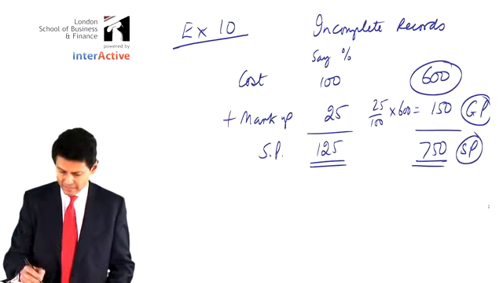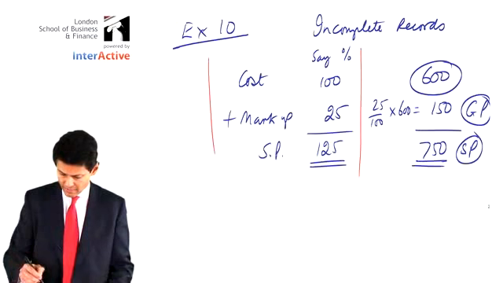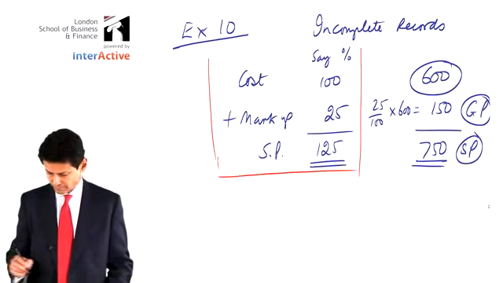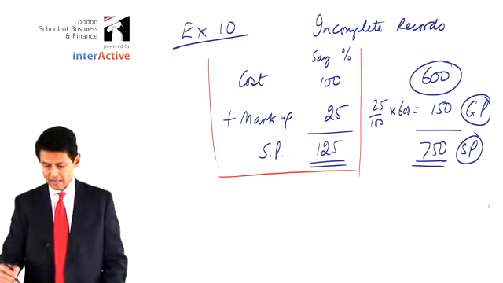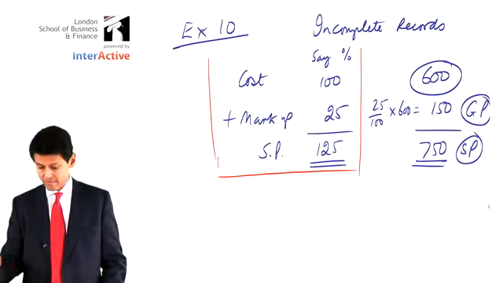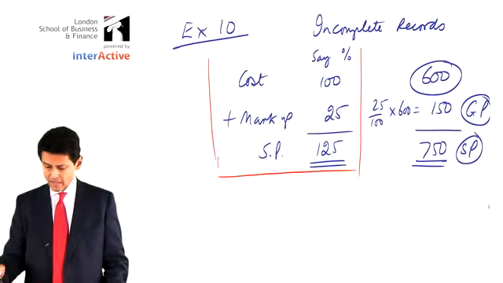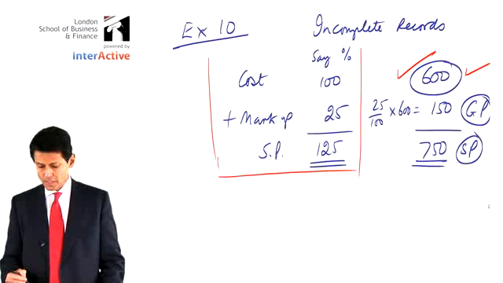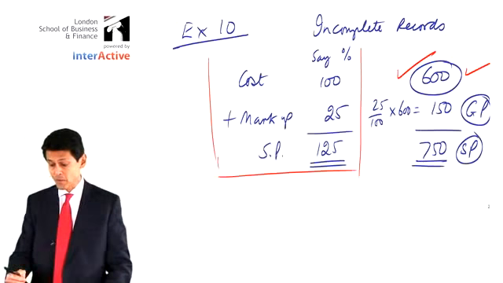So I do believe that this is the key, doing something like this little section. If you say the cost is 100 and the markup is 25, the selling price is 125. If the cost is then given as 600, what is 25% of 600? It must be 150.